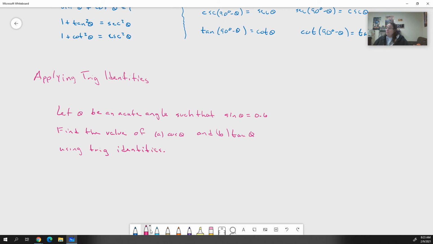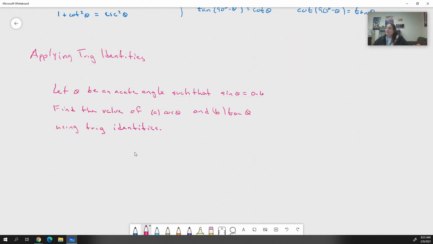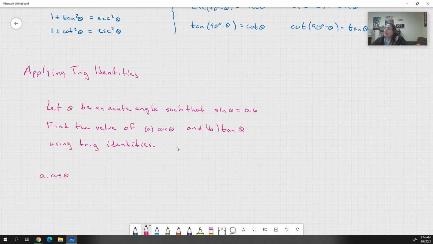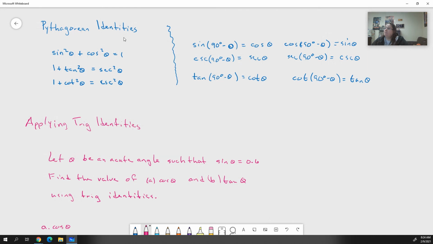So the way I look at it is, okay, I'm looking for part A, I want cosine of theta. I'm going to look for an identity that has cosine and sine, right? And the first one I'm going to see is this Pythagorean one. It's got only cosine and sine.